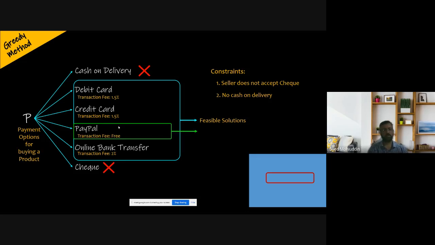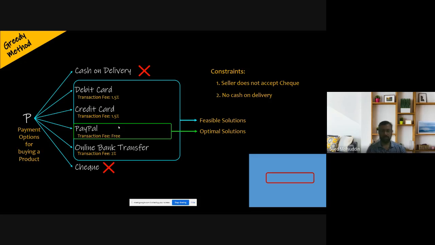And this solution is known as the optimal solution. Among feasible solutions, one of the solutions will be an optimal solution. Now you can understand the term greedy, why this approach is known as the greedy method.